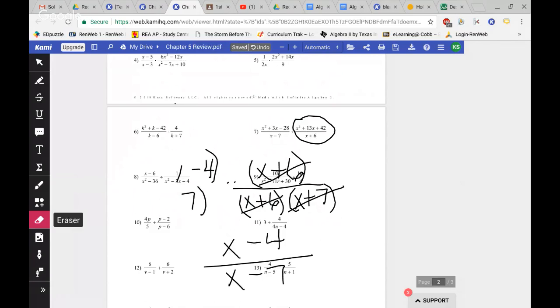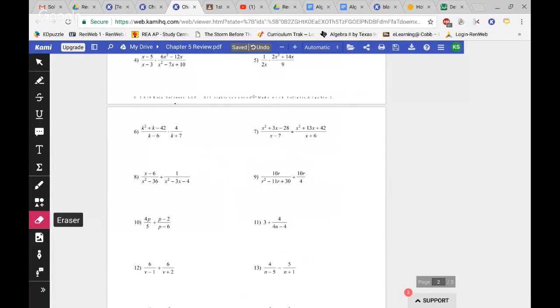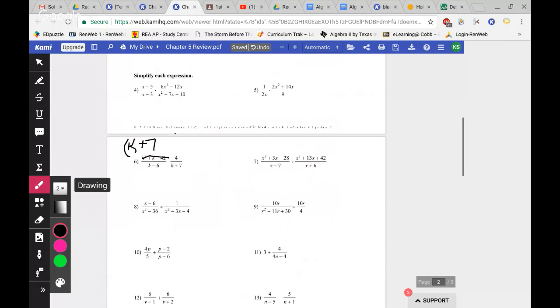Number 6 is straight multiplication, so I don't have to worry about doing the keep, flip, change. I can just go ahead and factor it and look for what cancels. So this changes to k plus 7, k minus 6.